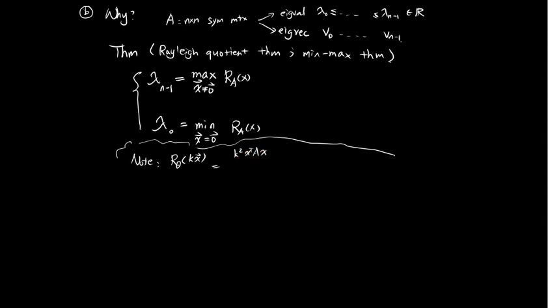So there is a k squared on the top. And there is also another k squared at the bottom, because x transpose x has two k's inside. So if you replace x by kx, they are going to be the same.